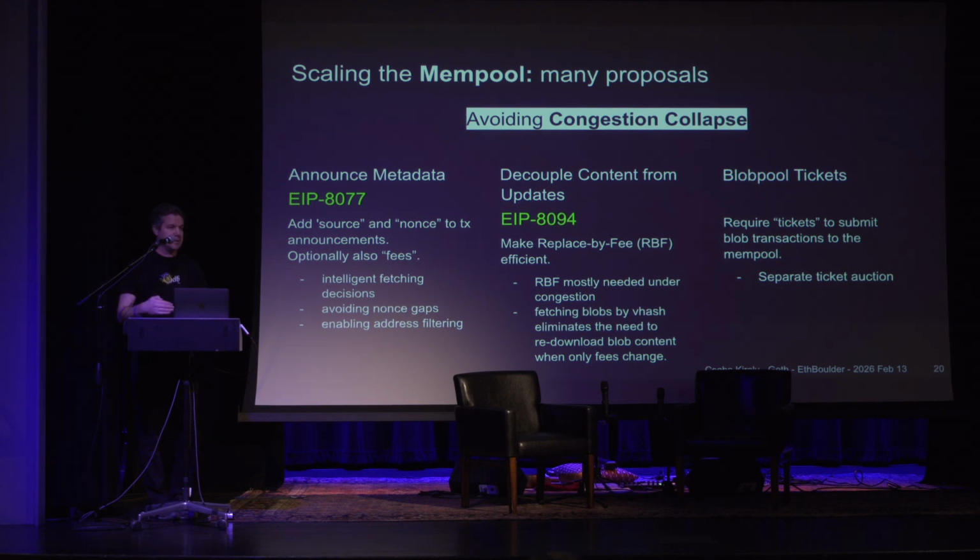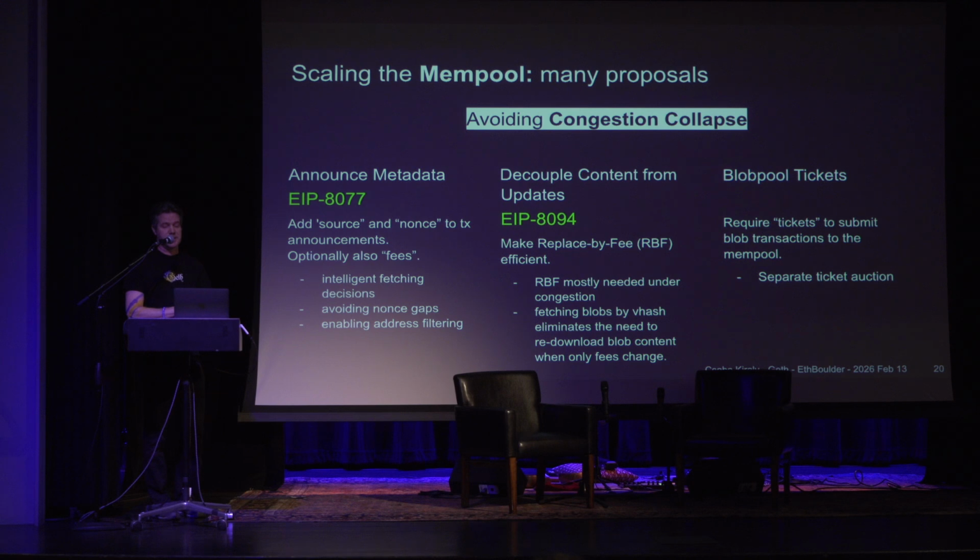So you have to replace it. And when you have to do it in the current system, you have to resend the whole blob transaction. And then it's getting redistributed again. And that's very wasteful. So this EIP is solving this problem. It's saying when you are changing the fees, let's redistribute only the new fees and not the whole blob content to the nodes.